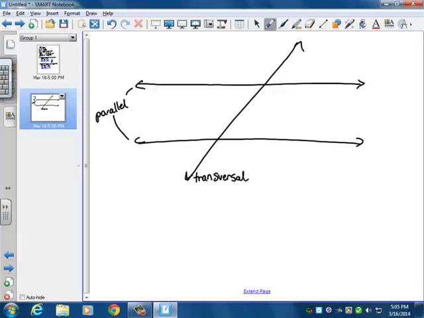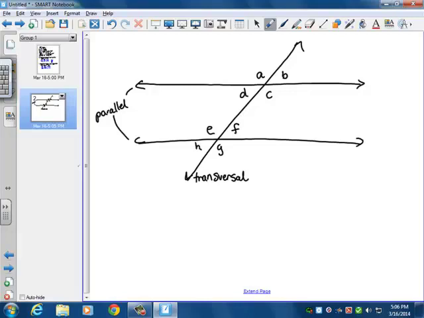This is the line that cuts through the two parallel lines. So what happens when I do that, now I've got actually 8 different angles formed. So I'm going to label these, the ones on top, top left A, and then going around clockwise, B, C, and D. And then down at the bottom, same motion, E, F, G, and H.